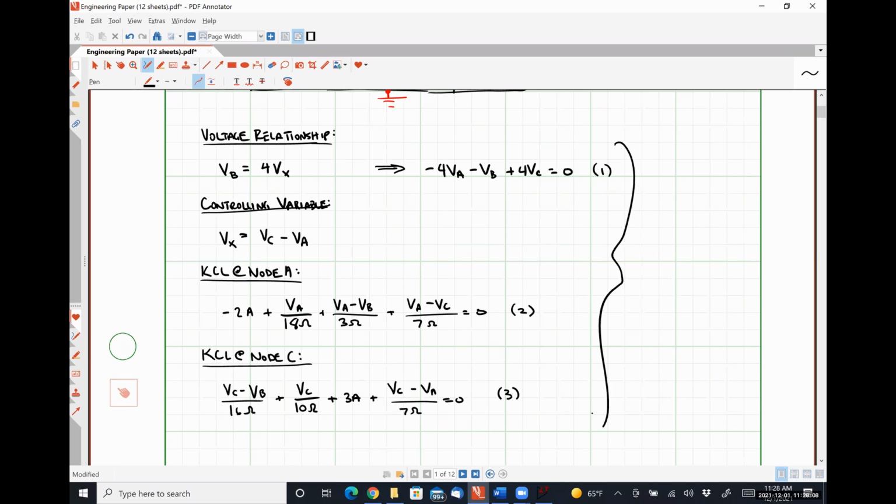That's our third equation, and we can solve these to figure out what VA, VB, and VC are. It's been at least 2 weeks since you've used your calculator, so break it out and get unrusty.